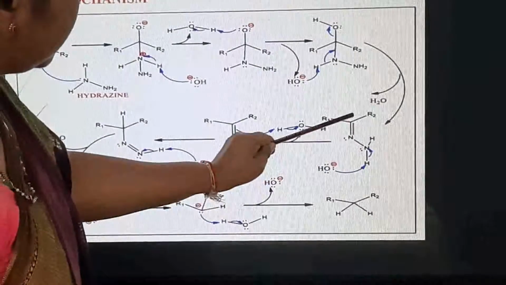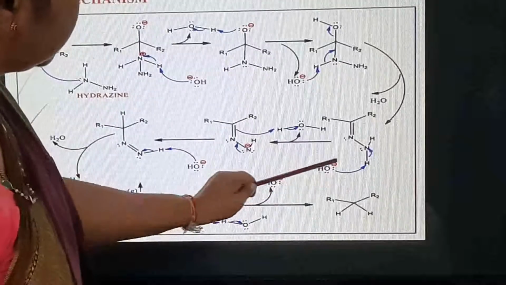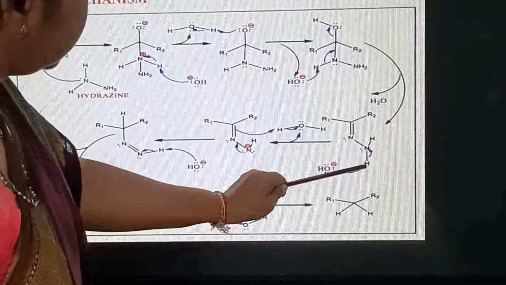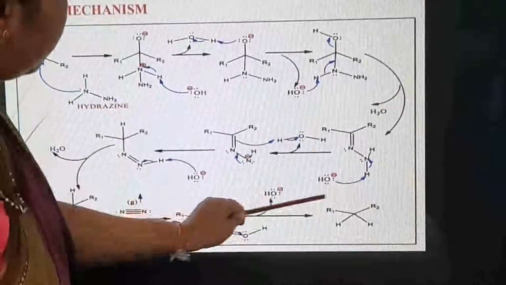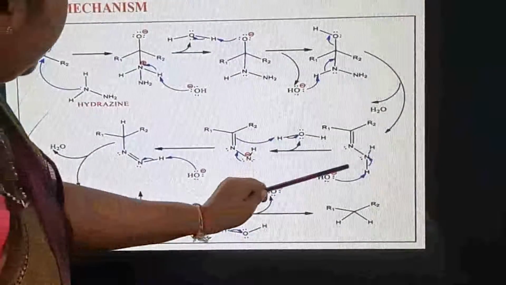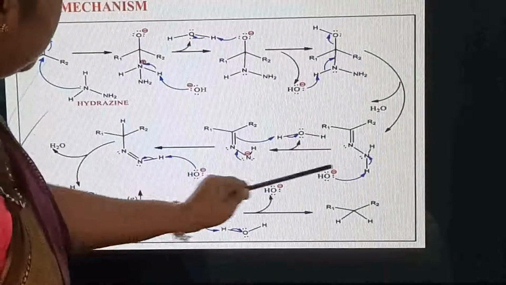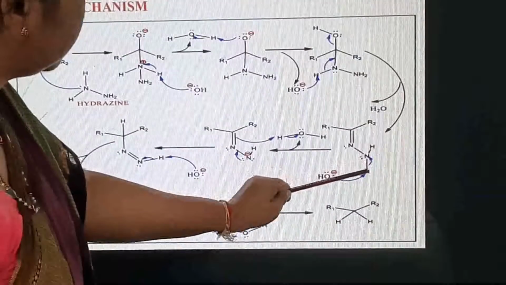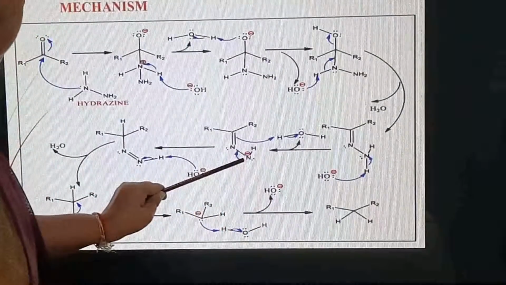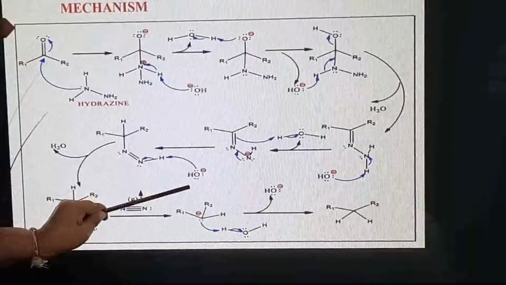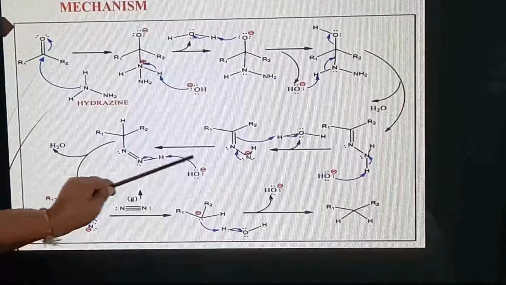Diimide we can say, this formation takes place, and again in the presence of base OH minus takes another hydrogen with loss of a water molecule, and this N has a negative charge because the hydrogen is giving electrons to nitrogen and it is removed as a water molecule. Again the OH takes another hydrogen from this nitrogen with loss of a water molecule.